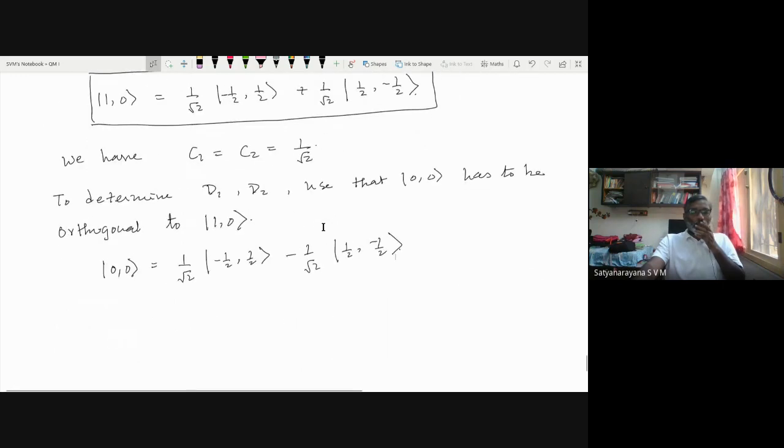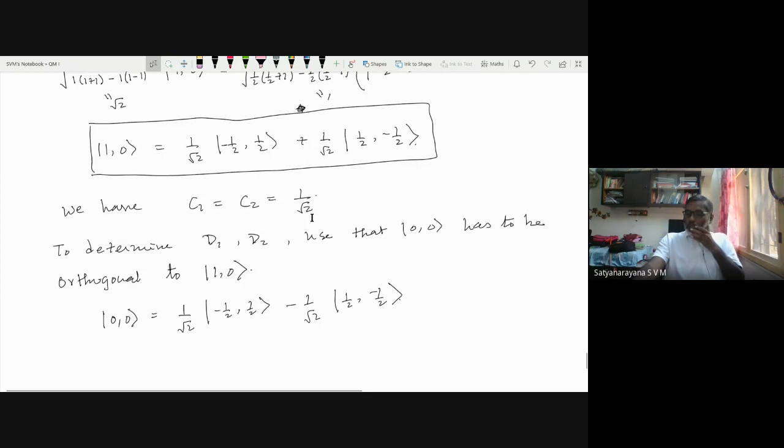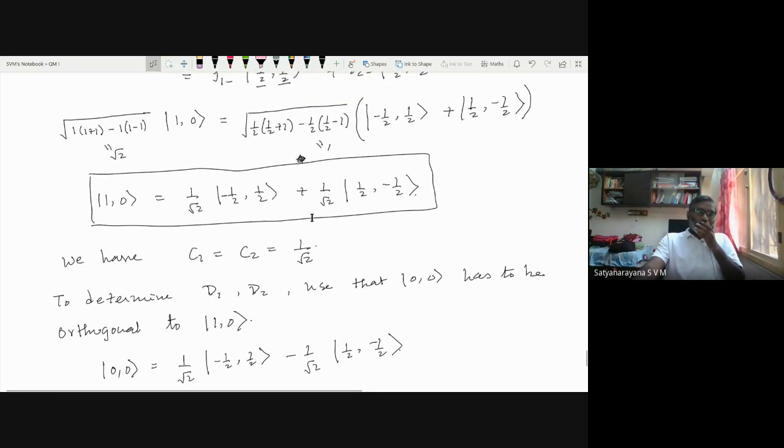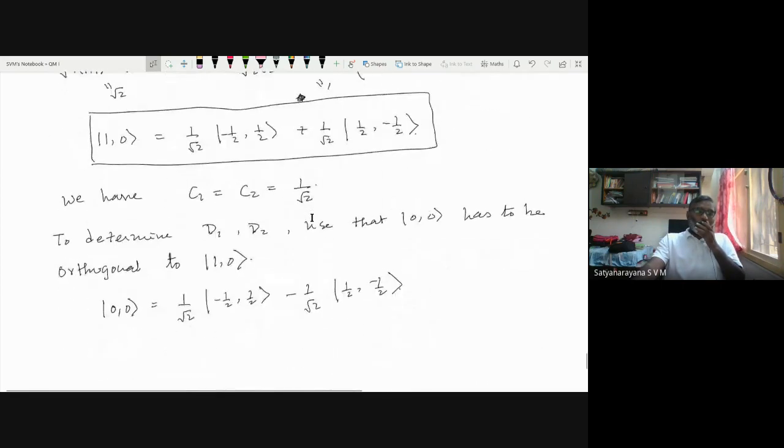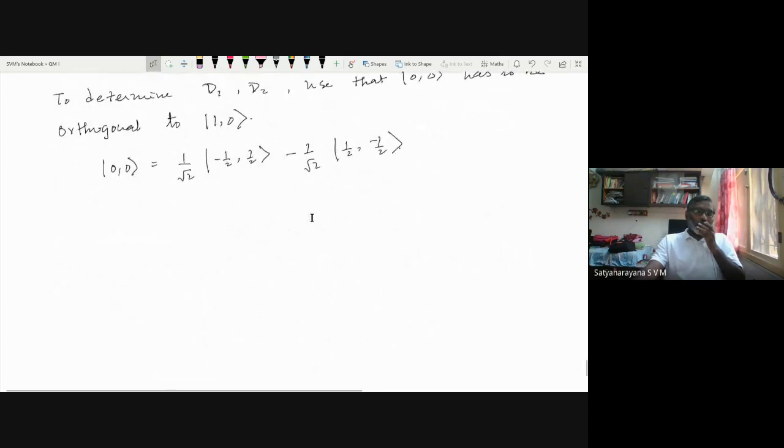Okay, so this is the problem of finding the Clebsch coefficients. Okay, so now I want you to practice a little bit. So maybe I will leave this as an exercise.